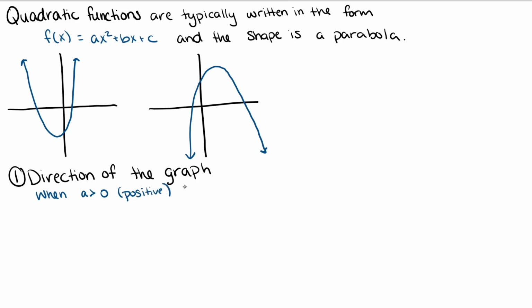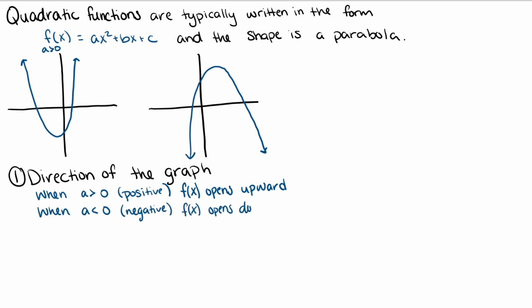That's based on our a value or our leading coefficient. When our leading coefficient, our a, is positive, then our graph opens upward and has a positive growth. When a is negative, our graph opens downward. So just by knowing the value of that leading coefficient, or of a, we can start to picture what this graph is going to look like.